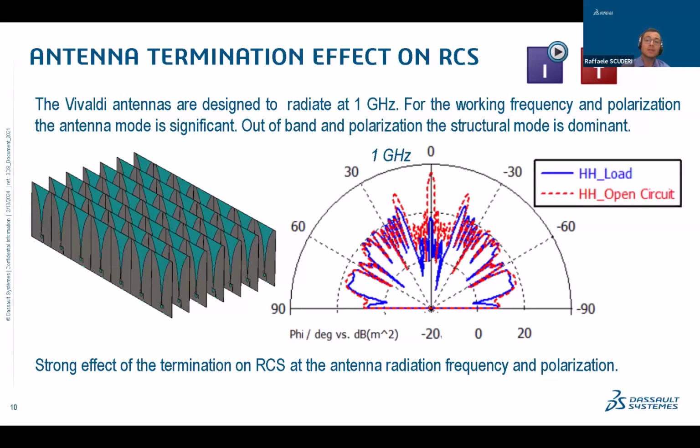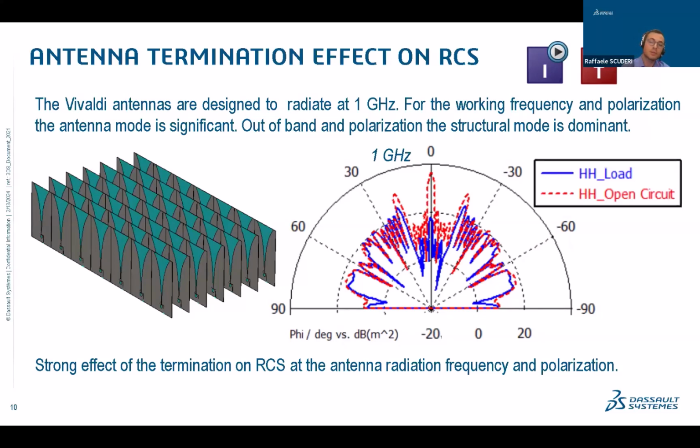This leads to the so-called antenna mode and structural mode. The structural mode is related to the antenna as an object, independently of its radiation properties, while the antenna mode is related to the energy that is captured by the antenna at its port and is reflected back depending on the load or matching conditions.